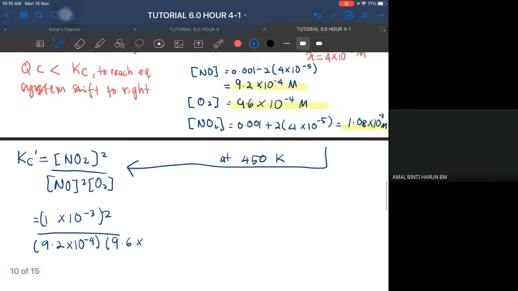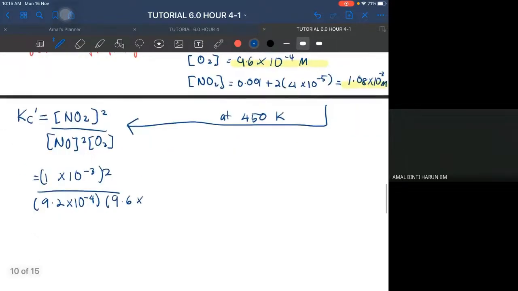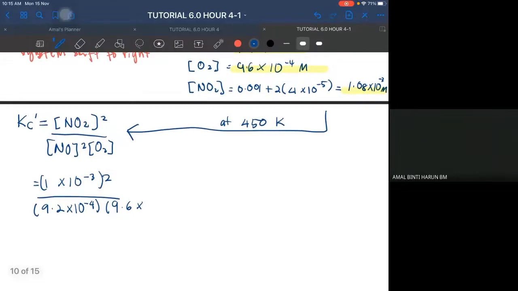Betul ke? 9.6, ini power of 2. Okay, semak dengan jawapan kamu lah. So final answer Kc yang baru bila suhu diturunkan adalah 1435.